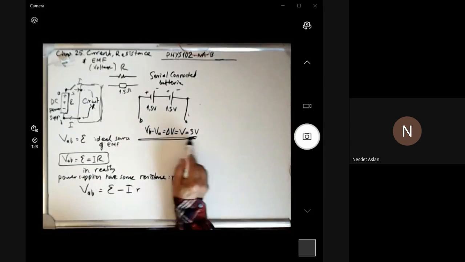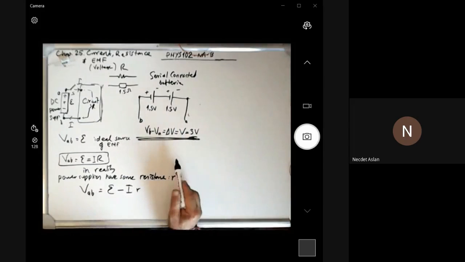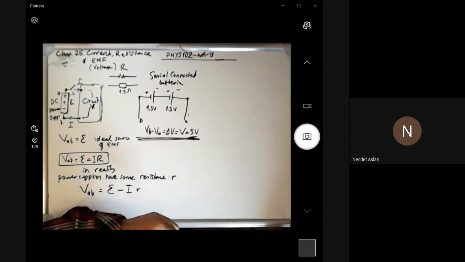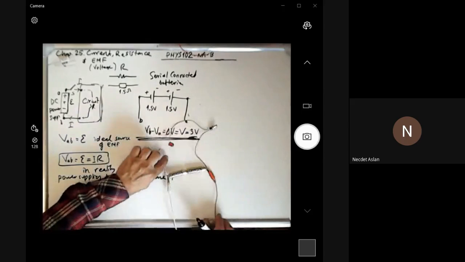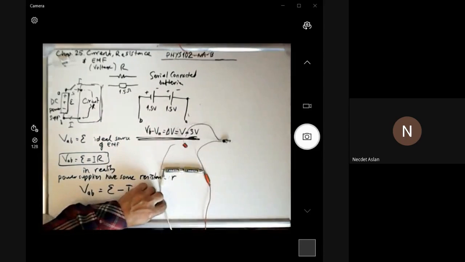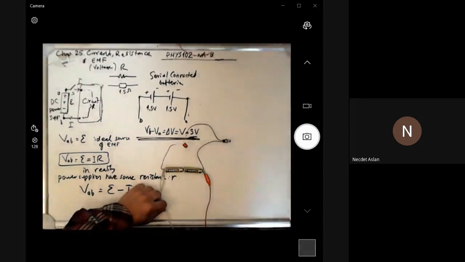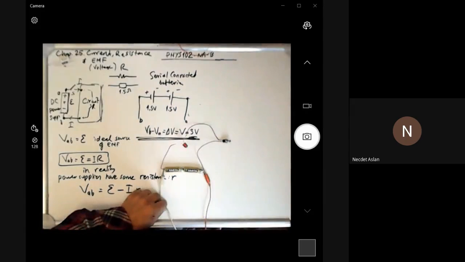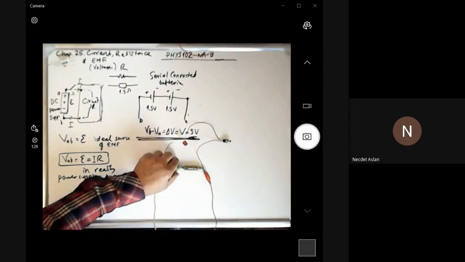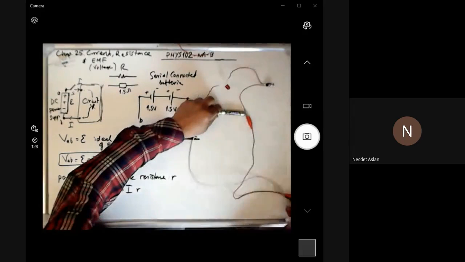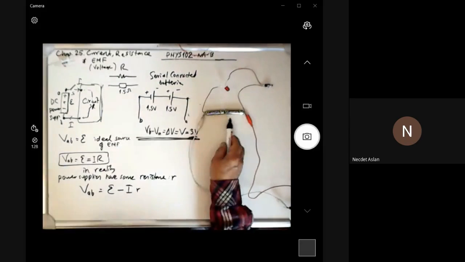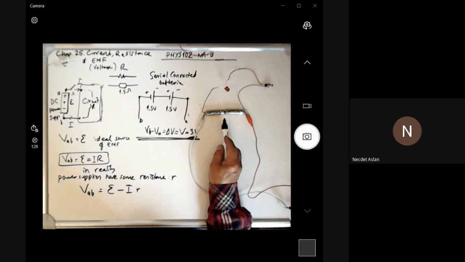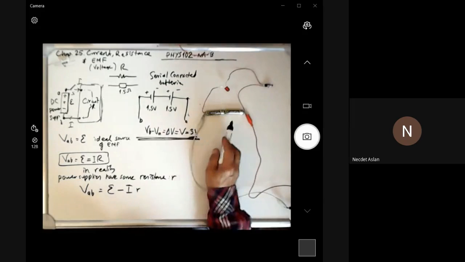Anyway, now I would like to show you, as you see in this example, I put two batteries together like that, and because it's a serial connection, it's giving you 3 volts.